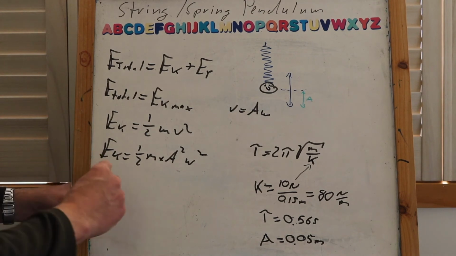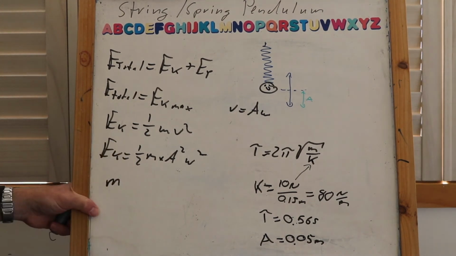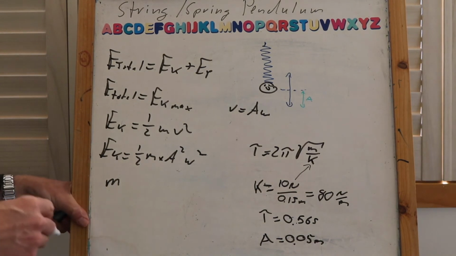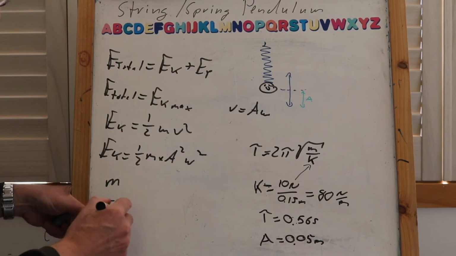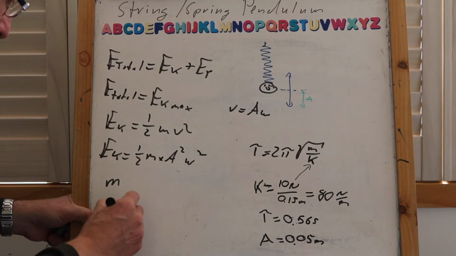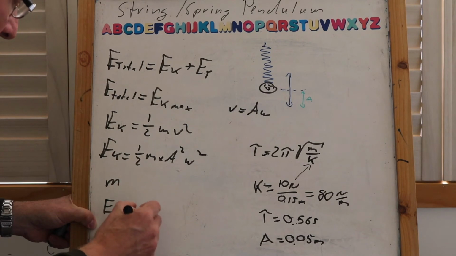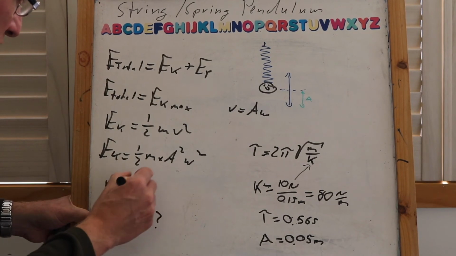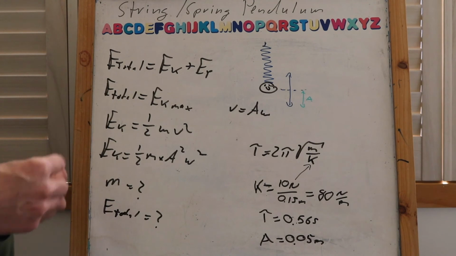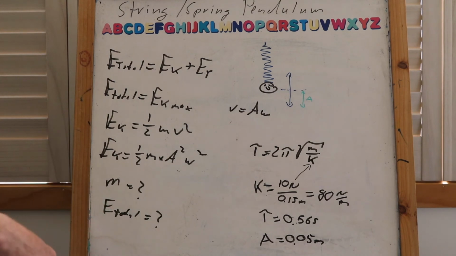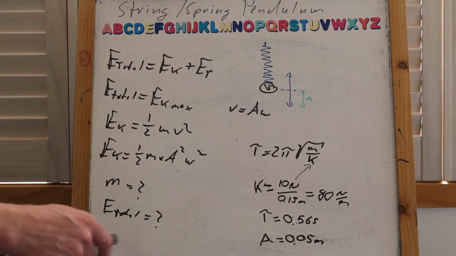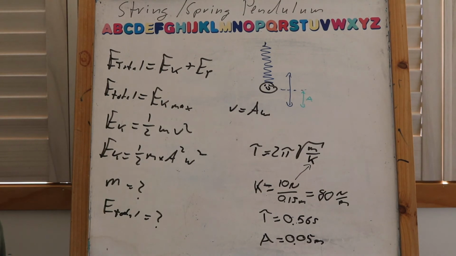I would like you guys to work out the mass of the object, of my chicken, and I actually would like you to work out the total energy of my system, the oscillating chicken. Give this a go. Pause the video, because the second part of this video will be the answer.